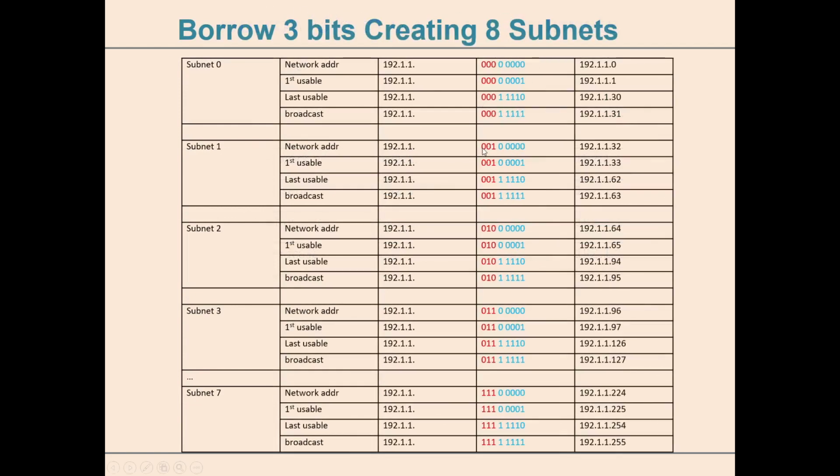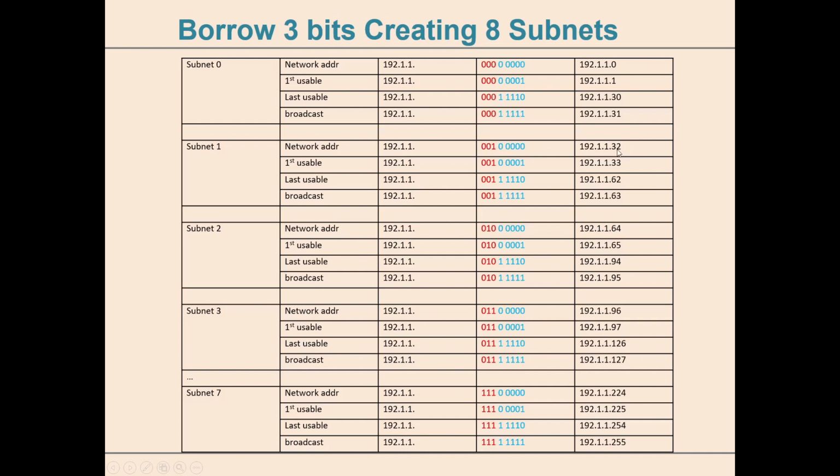Subnet 0 we already created. Then we increase the borrowed subnet bits by 1. That's 001. That creates subnet 1. And the 5 host bits start over again from all 0. That is the subnet network address. Convert 001 00000 back to decimal, that is 32.